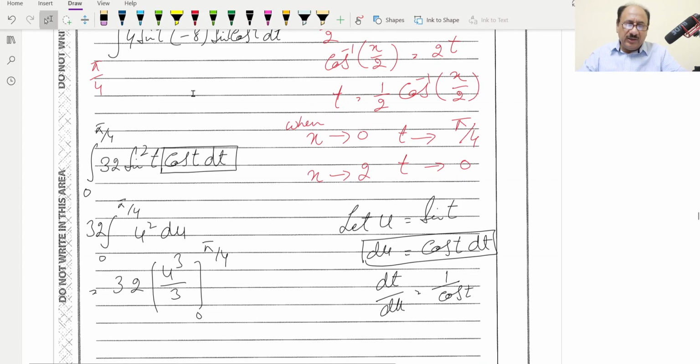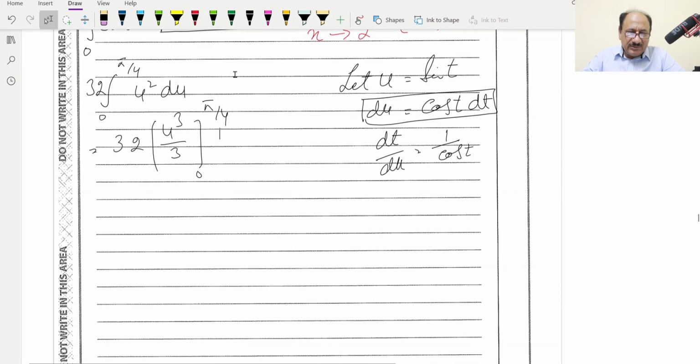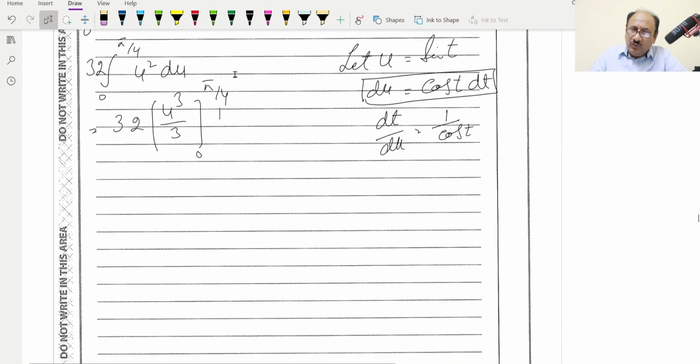Now we can replace u with sin t. We write 32 and sin cubed of pi by 4 over 3, minus the lower limit, which is 0 since sin 0 is 0.